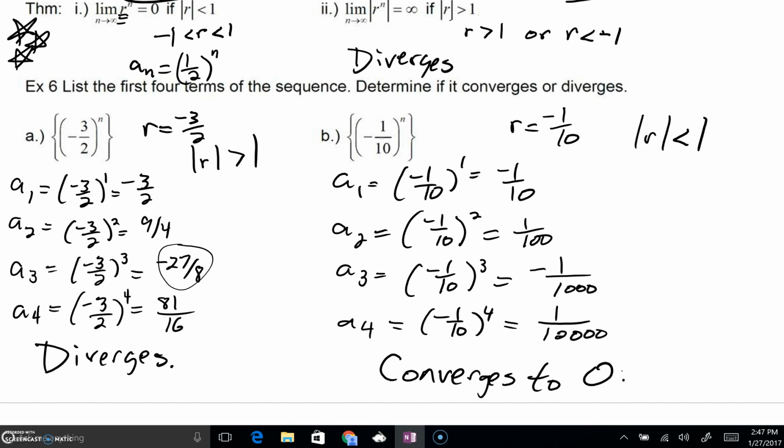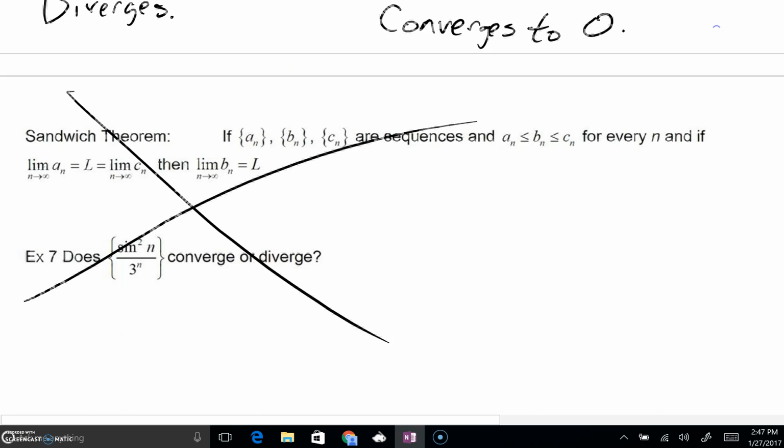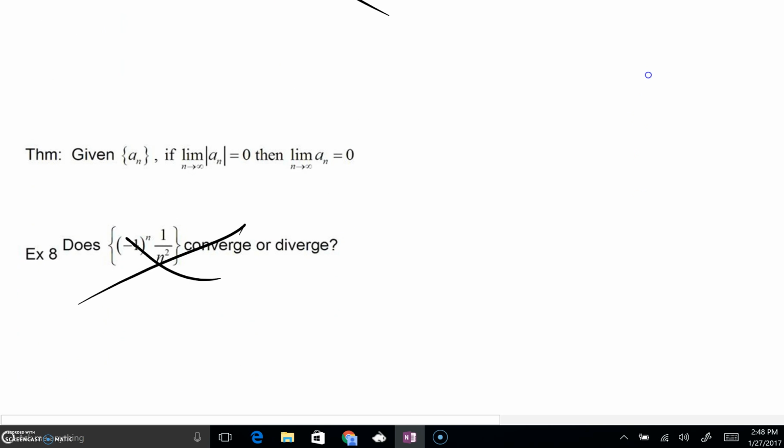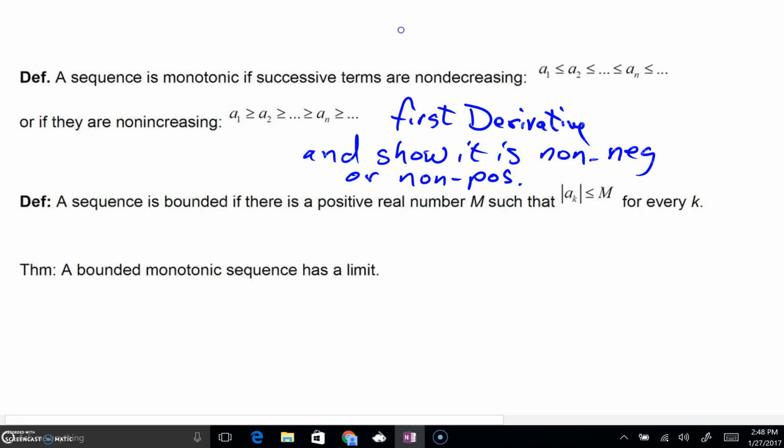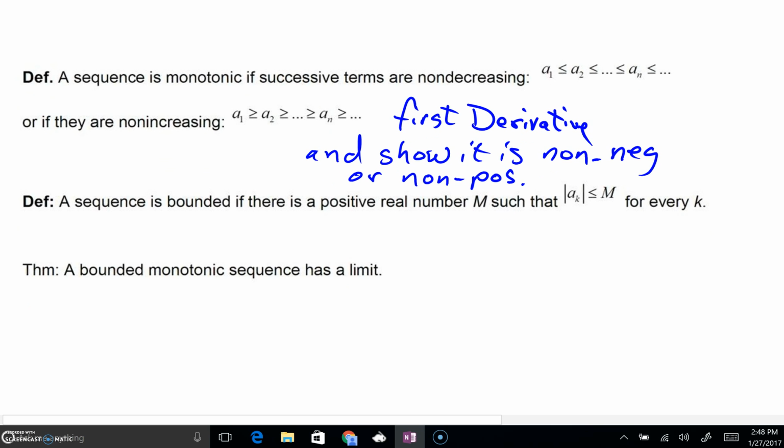You could put a bandwidth around it and see what's going on. In closing, the last page really is just a reference. It says, a sequence is monotonic if successive terms are non-decreasing. Non-decreasing means it's increasing or doesn't change.